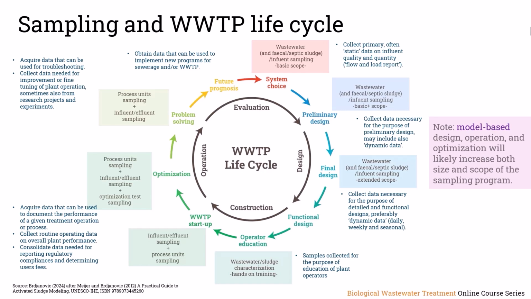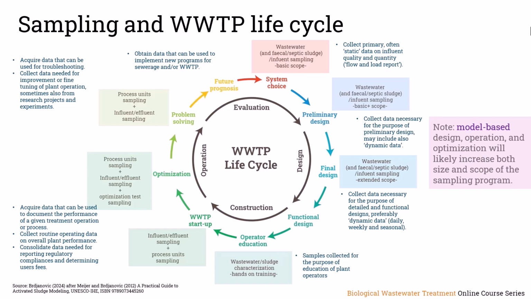Static data are average data, as opposed to dynamic data. We still talk about the collection of data which are necessary for the purpose of preliminary design, and may also include some dynamic data, so some variations in the inflow to the wastewater treatment plant.